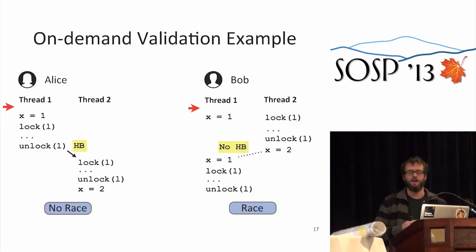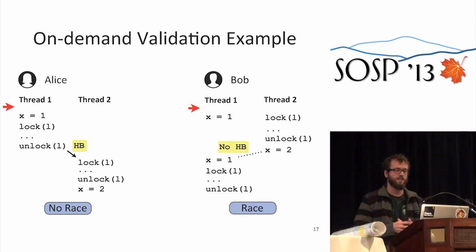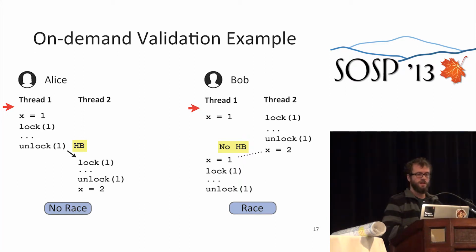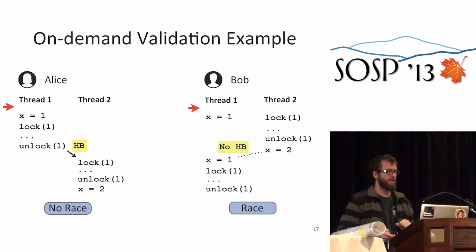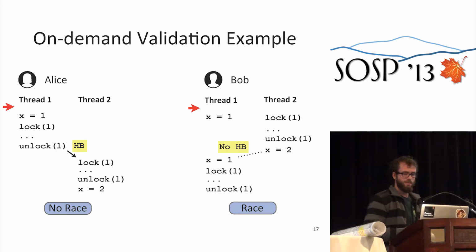To better understand how on-demand data race detection works, let's continue our example where DCI previously identified that the accesses to X can happen in different threads and that they can alias. Let's imagine that a user Alice executes the program as follows. Thread 1 goes ahead and accesses the shared variable X, at which point RaceMob starts tracking synchronization operations.